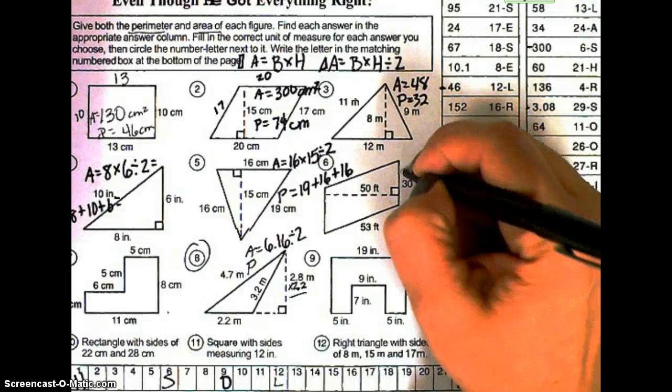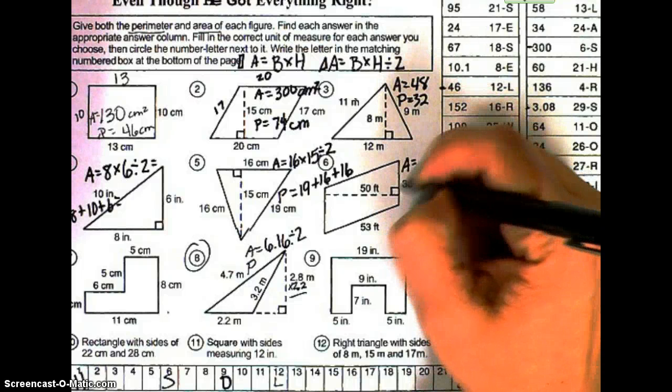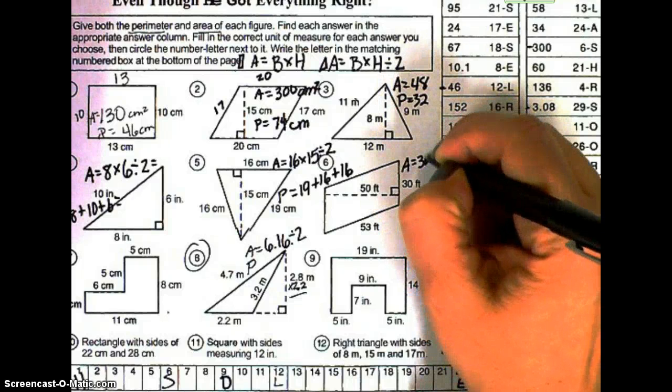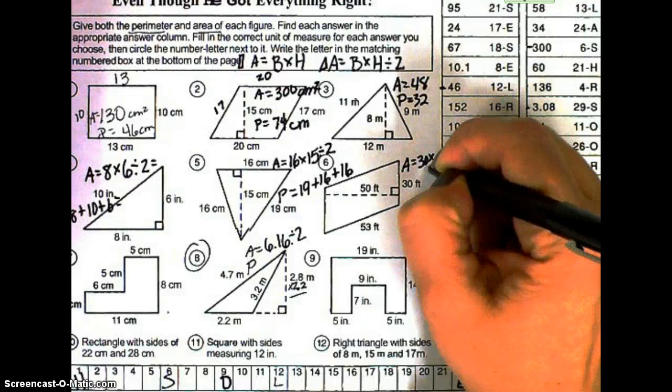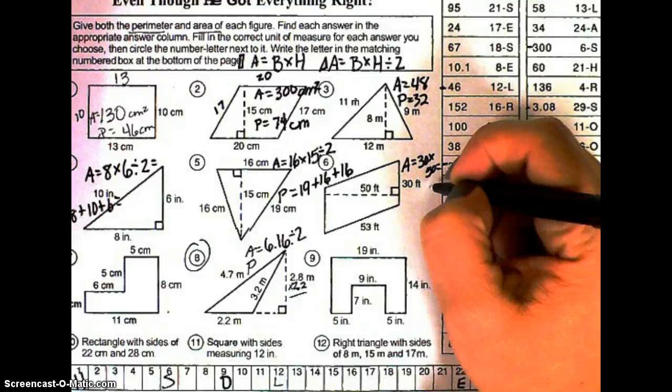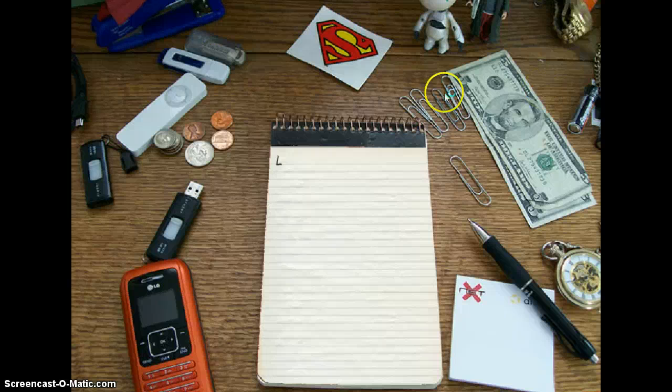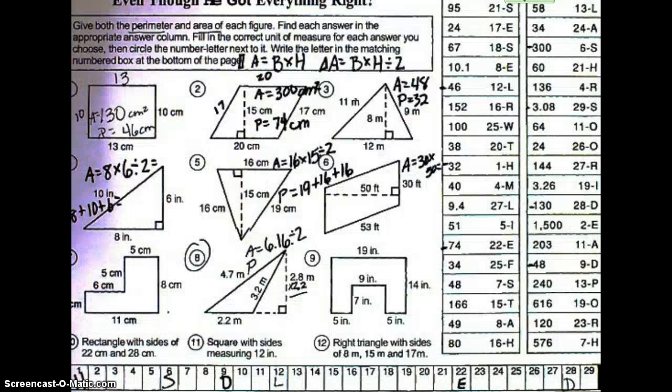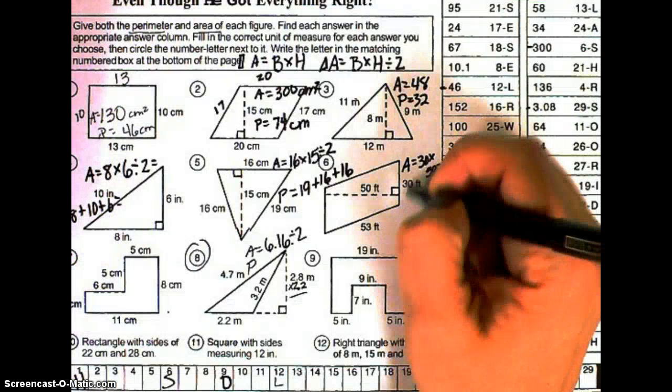So for your area, you're going to do 30 times 50 and find out what that equals. We're not dividing by 2 because this one is a parallelogram. For perimeter, we add up all 4 sides.